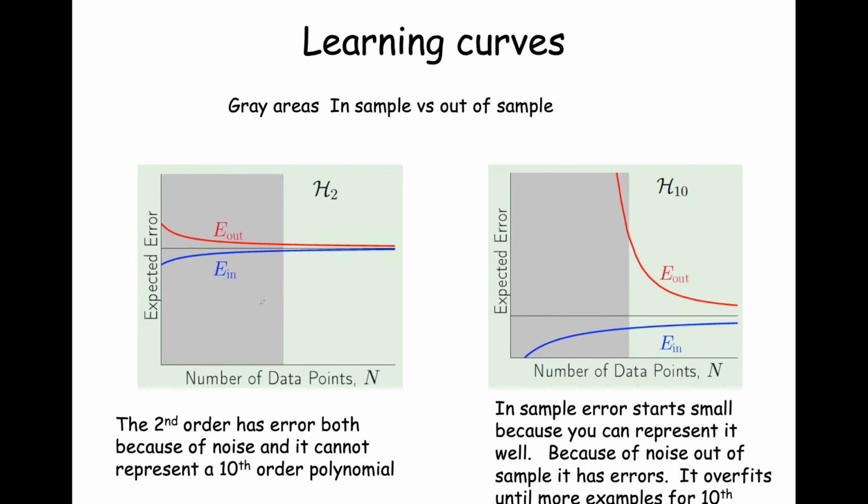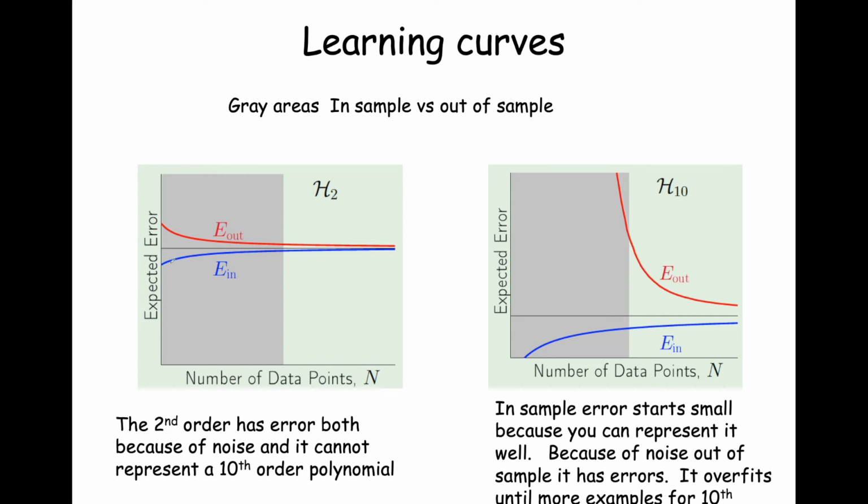Here, on the left-hand side, we have the second order polynomial, and we see that the expected error is going to be relatively large for in-sample error. That is certainly the case because this second order polynomial doesn't have the degrees of freedom to bend and twist and fold and keep up with the bends and twists and folds of that degree 10 polynomial, and it also is subjected to noise for that noisy degree 10 polynomial.